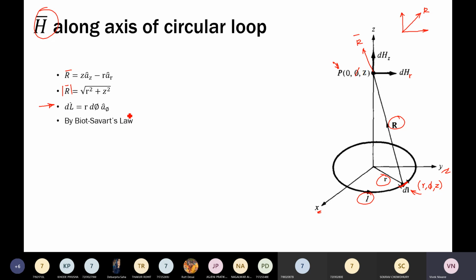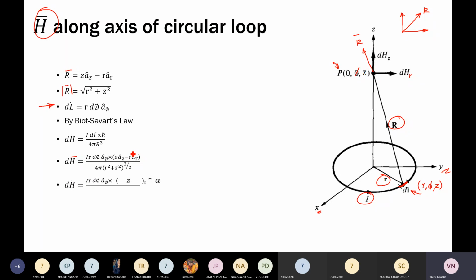Let us put it into Biot-Savart's law, where dH bar is equal to I dl bar cross a r bar upon 4 pi r cube. So dH bar is equal to I r d phi a phi cap cross (z a z cap minus r a r cap) upon 4 pi (r square plus z square) raised to 3 by 2. We will have the cross product of a phi with a z and of a phi with a r.